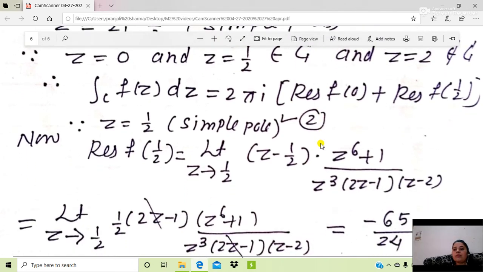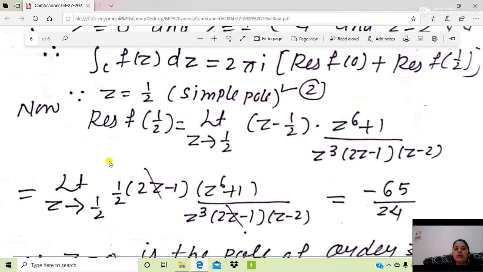Since 1 by 2 is a simple pole, since its degree was 1, to calculate the residue at 1 by 2 we use the residue of a simple pole. So the formula is limit z tends to a of (z minus a) into f(z). So the residue of f at 1 by 2 will be limit z tends to 1 by 2 of (z minus 1 by 2) into f(z), which was (z to the power 6 plus 1) upon z cube into (2z minus 1) into (z minus 2).